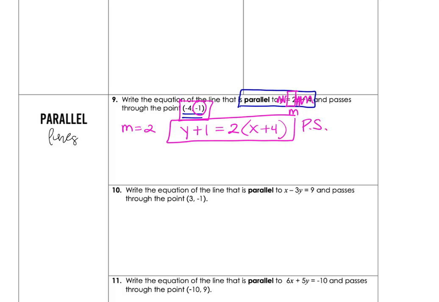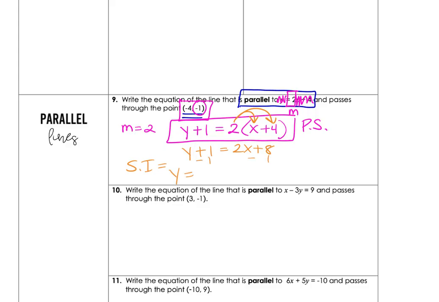If I say put it into slope intercept form, what are you going to do? How are you going to do that? Distribute. Send that 2 to both things. So y plus 1 equals 2x plus 8, and then take away the 1.